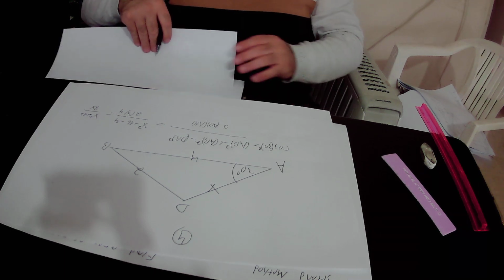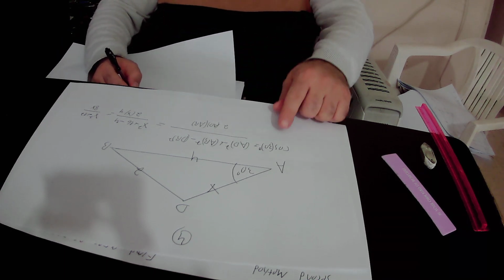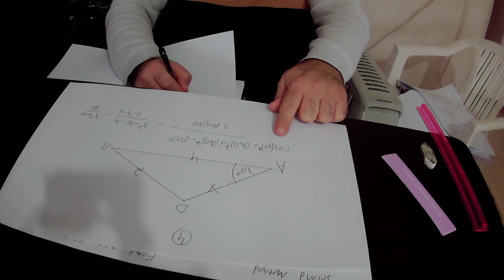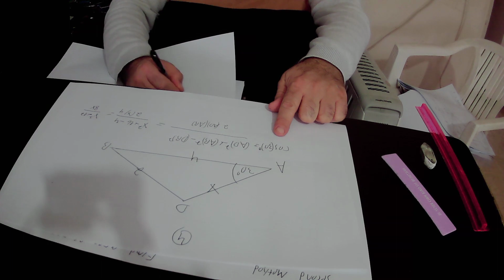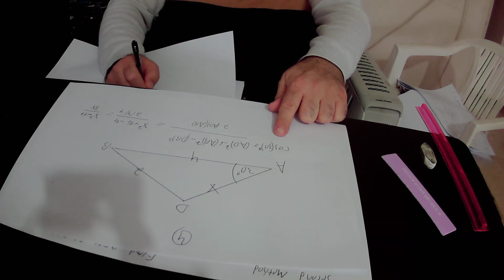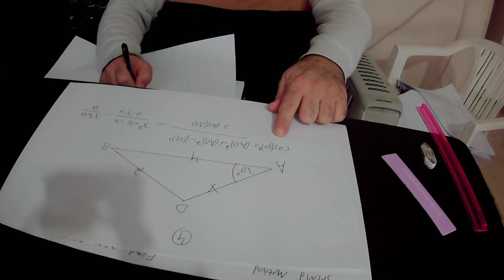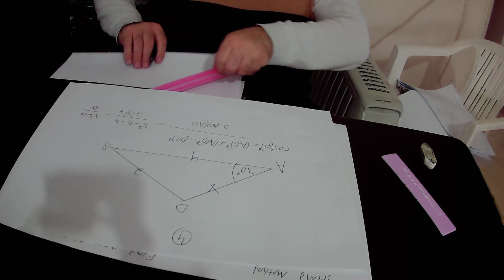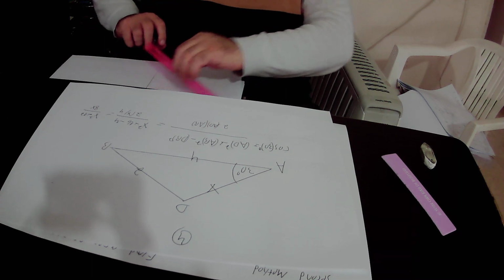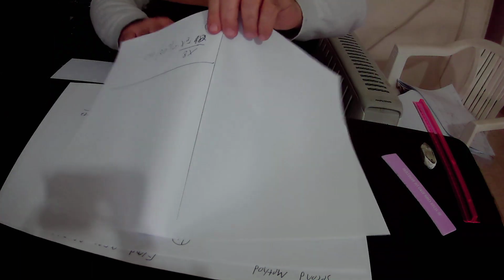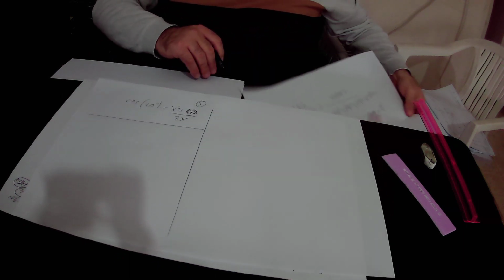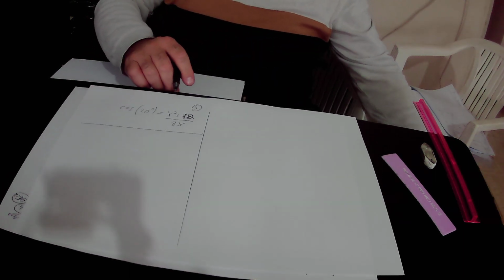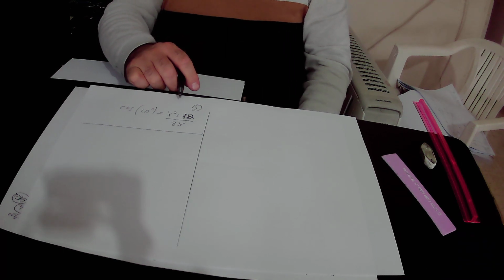So we actually got that cosine 30 degrees equals x squared plus 12 over 8x.